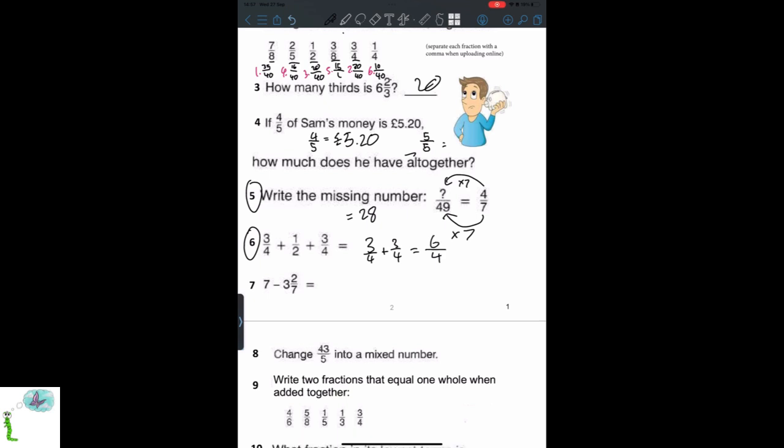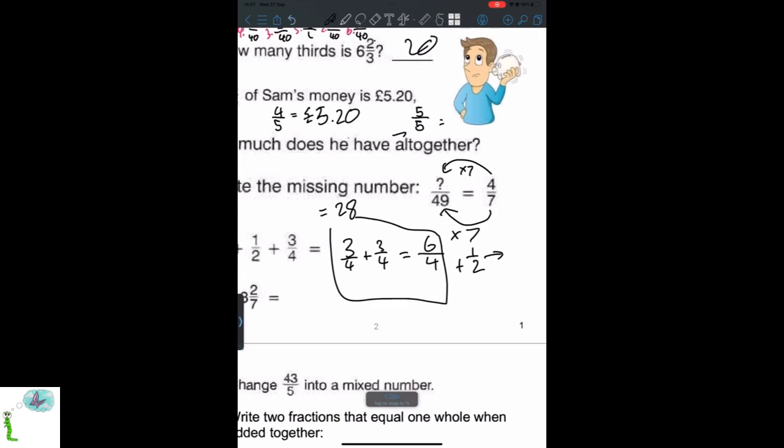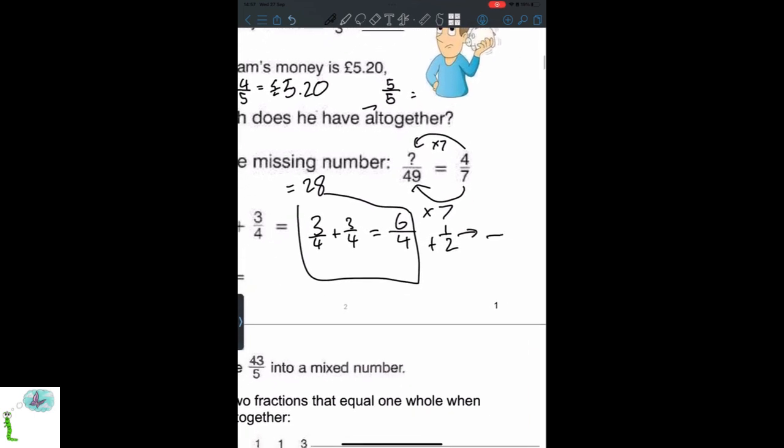But what we haven't done yet is add the half, because we need the denominator to be the same. So to get a half to have the same denominator as the others, we just stick in 4 and then try and figure out what the top should be. And it should be 2.